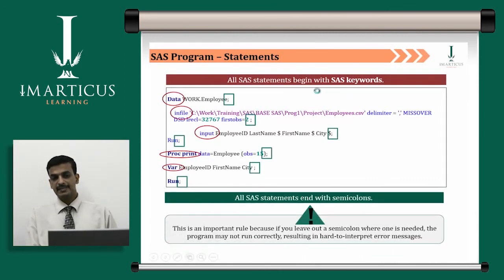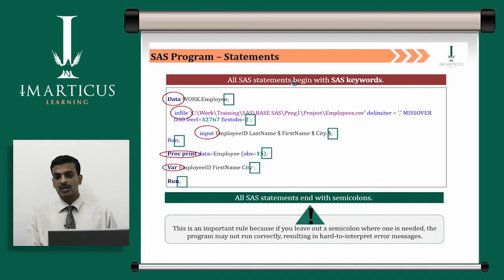All SAS statements in the SAS program editor begin with some keyword. All these lines that you see, data and then some data set name, and then infile and some input source name, all these are keywords. So every statement in SAS begins with a keyword and it ends with a semicolon.